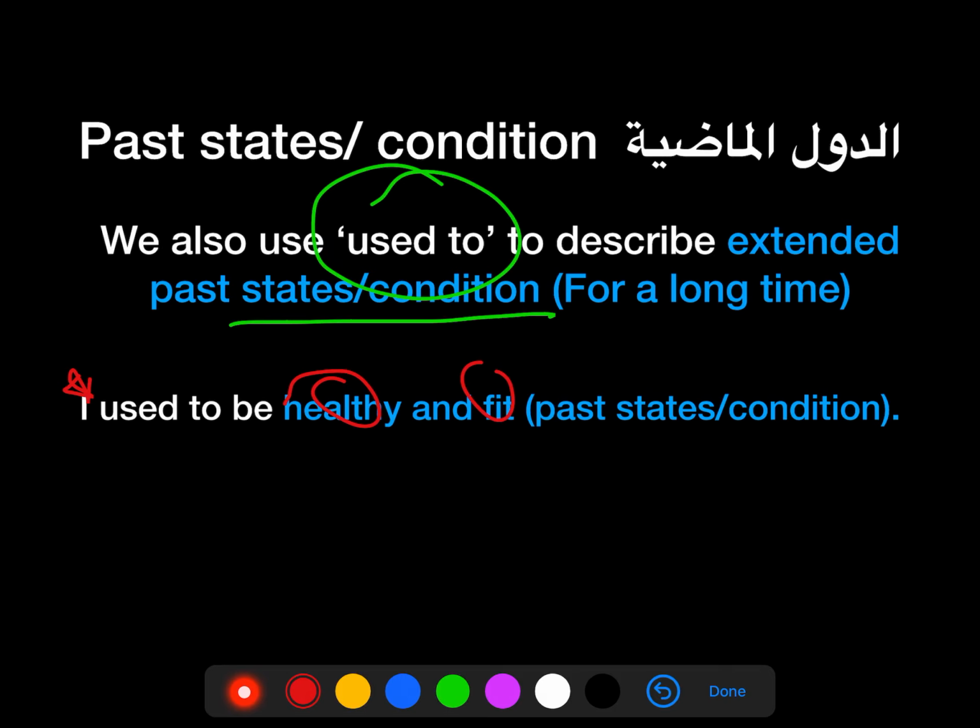So, I used to be healthy and fit, which means I was really healthy and fit in the past, whenever it was, maybe 5 years ago, 10 years ago. So it's not about past habits. We can also use used to describe an extended past version of something. Very good. Now let's move on to would.